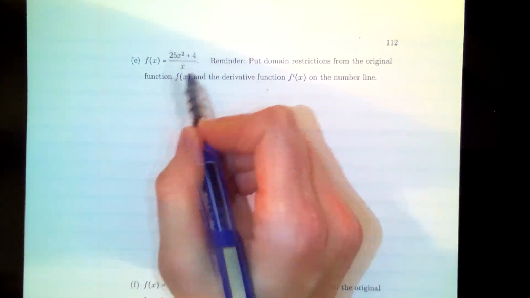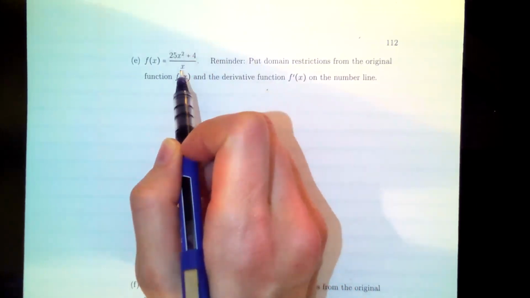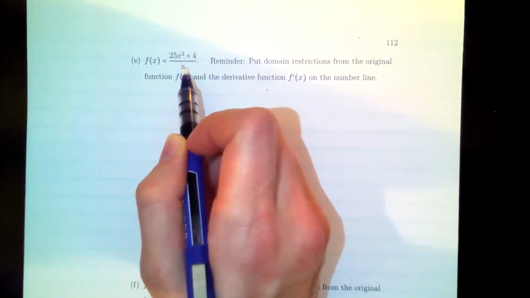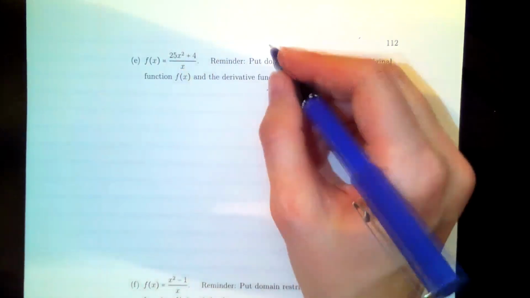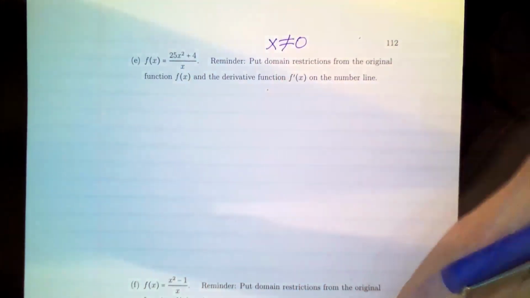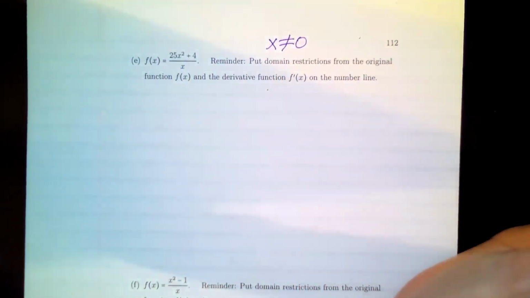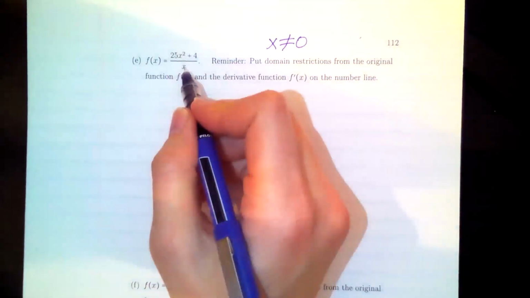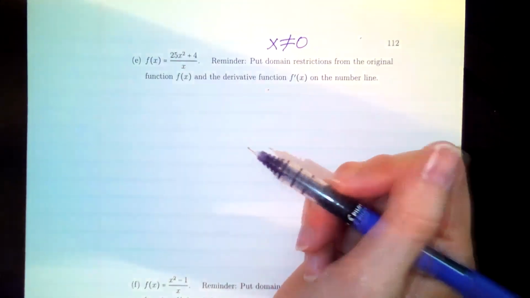So if I'm looking at this fella here, if I try to plug in x equals 0, I would get a 0 in the bottom, which can't happen. So right off the bat, I know that no matter what I do, x cannot be 0, like ever. There's a big hole in my graph at 0. There's probably a vertical asymptote going on there. But whatever I do, x can never be 0 because it causes the bottom of my function there to be 0.